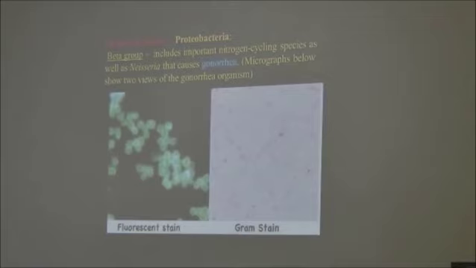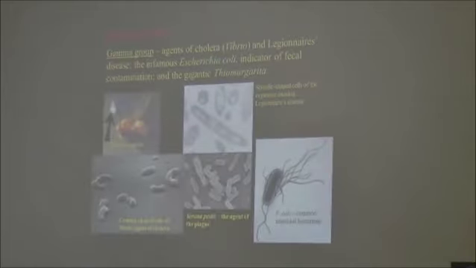The beta group, the only thing about this that is very interesting is that gonorrhea is in there, and also bacterial meningitis. The gamma group has several interesting organisms. There's the Thiomargarita and the Legionnaire's disease, and Vibrio, little comma-shaped cells that cause cholera.